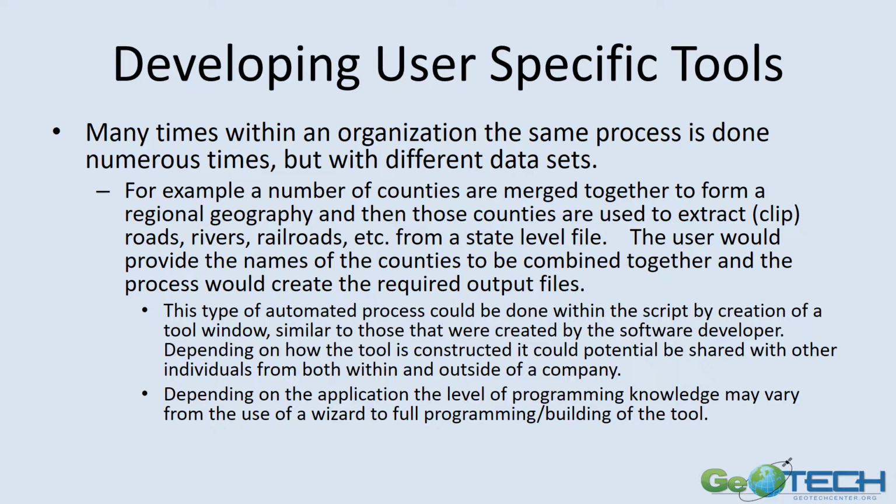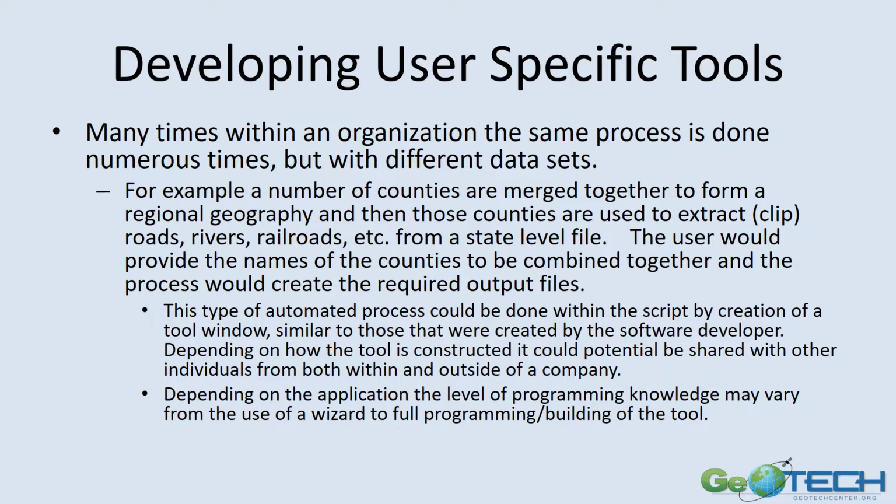So many times within an organization you have a process that's going to be done numerous times. So for example, we do these clips and we do these merges. So you're developing for a state a bunch of regional geographies. These counties function as a unit for whatever, maybe an organization within the government, but a certain set of counties function together.